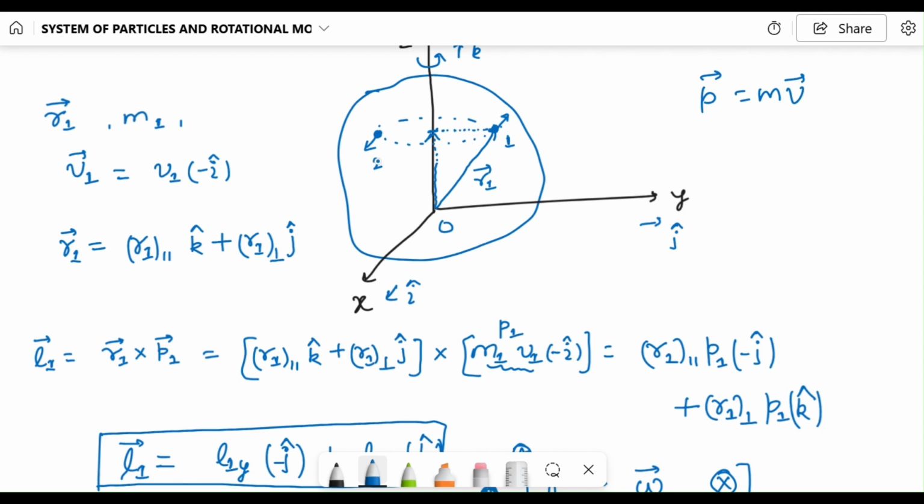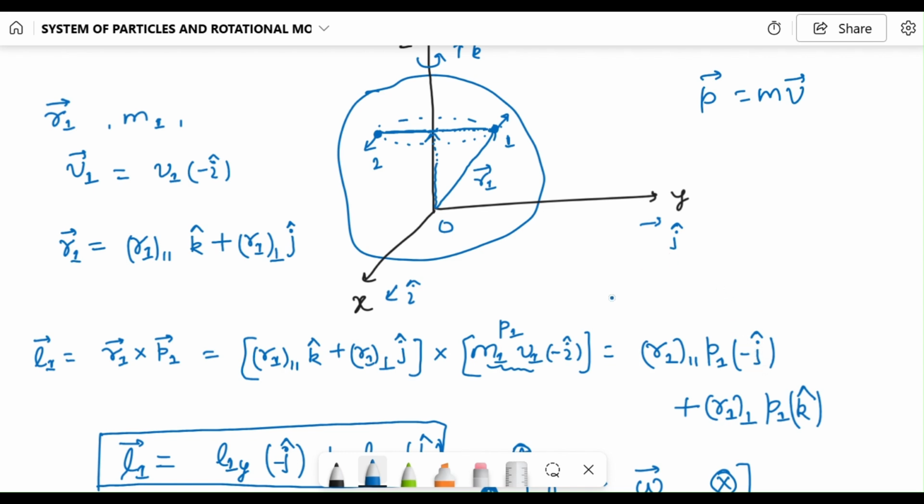In the second case, you will get this component equal in magnitude. This length is also equal to this length, meaning the radius is equal for the same circle. So this r1 p1 will be the same in magnitude as r2 p2 here, but this j cap will be appearing here instead of minus j cap.